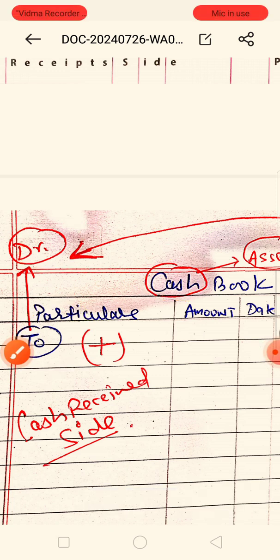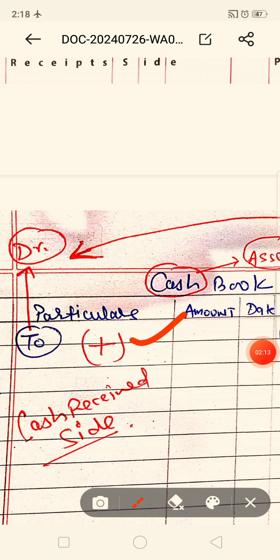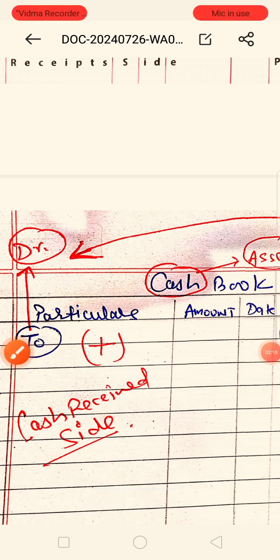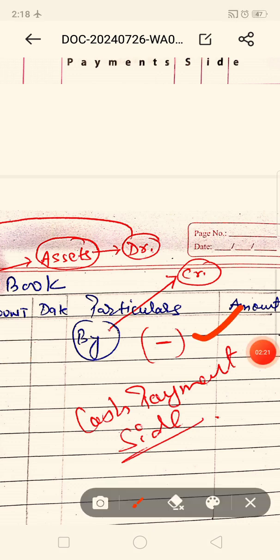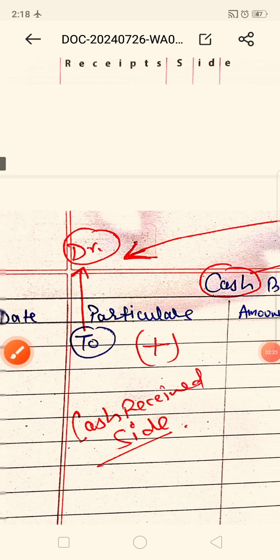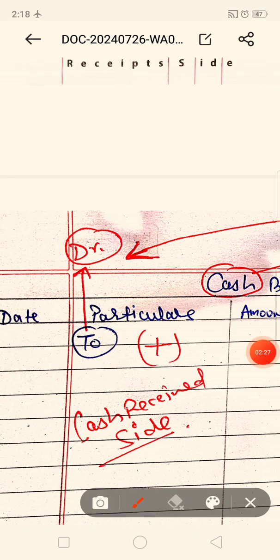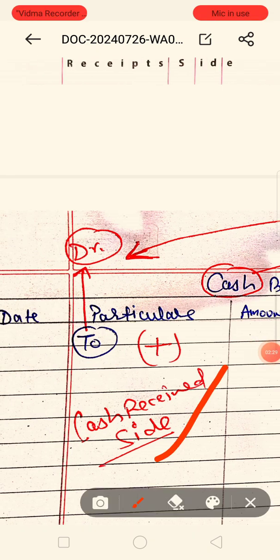It means, my dear student, the To side is the positive side for cash book, and the By side is the negative side for cash book. So it means the To side is the cash received side. All types of cash received will come in the To side, my dear student.